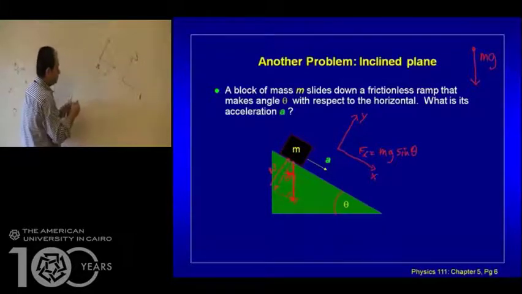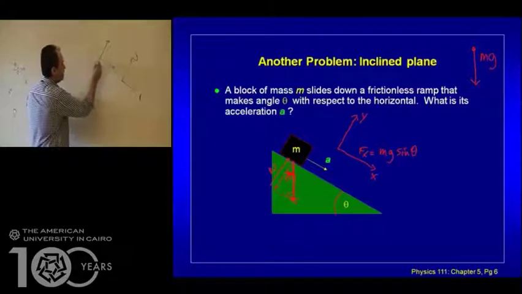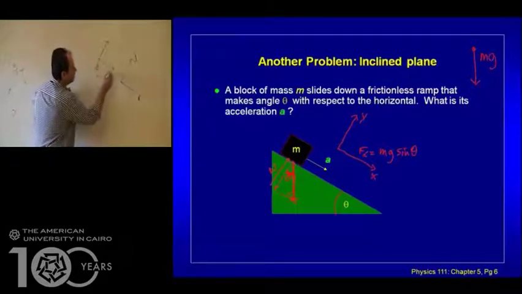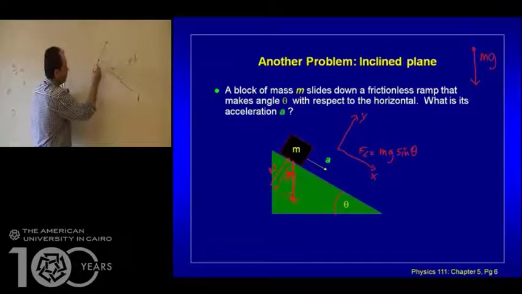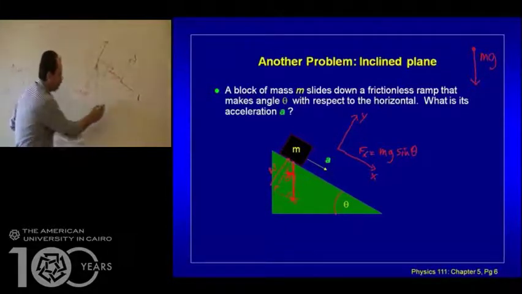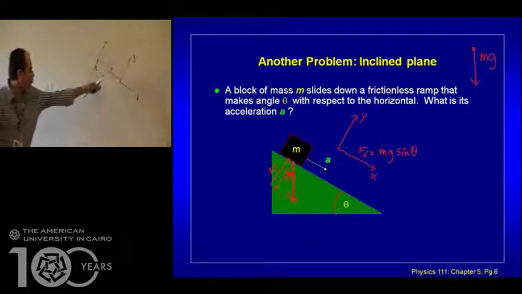Now, if we know that this angle is theta, can we resolve that mg? Then this is mg sine theta along the x-axis, and along the y-axis we have mg cosine theta. Now I can ignore mg because I have resolved it into two components.